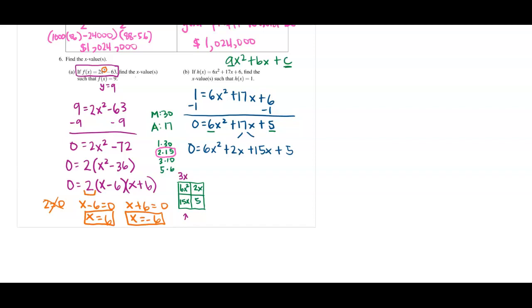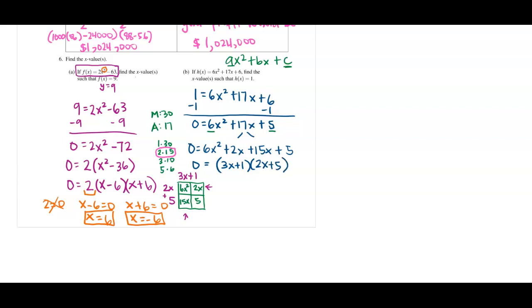Here, there's only a 1, and it's a positive 1, so I'll put a plus 1 there. And then when I'm looking at the rows, I can see a 2x is common there. And on the bottom row, I can see that there is a 5, and it's a positive 5. So that means this is going to factor to be 0 equals, in my first parenthesis, 3x plus 1, and in my second parenthesis, 2x plus 5.